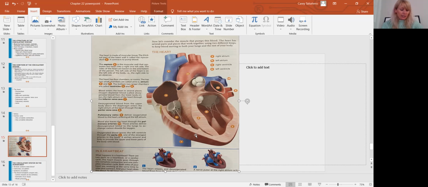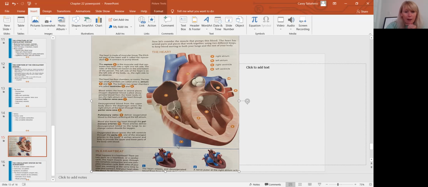All right, so how does blood come into the heart? Blood enters the heart actually in several places. Oxygen depleted blood, meaning blood that has dropped off its oxygen and makes its way back, is called deoxygenated blood. It enters down here at number 7, and that is the inferior vena cava.